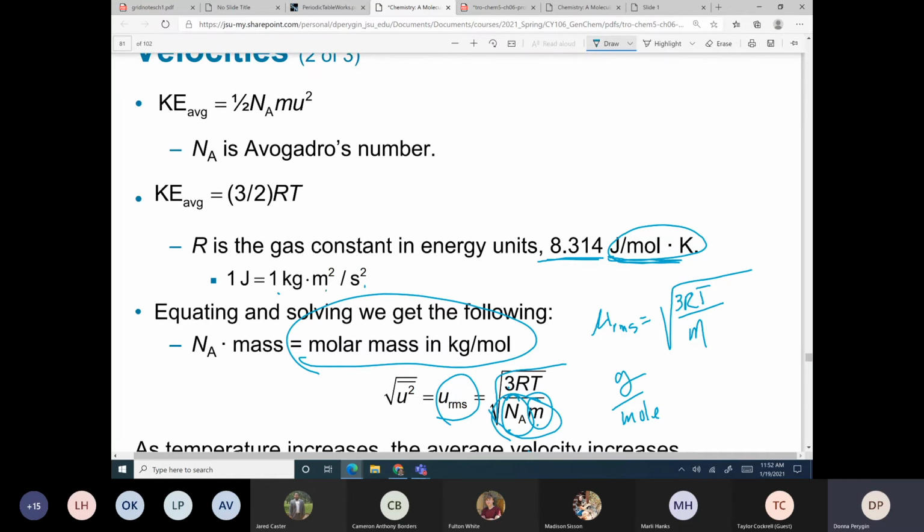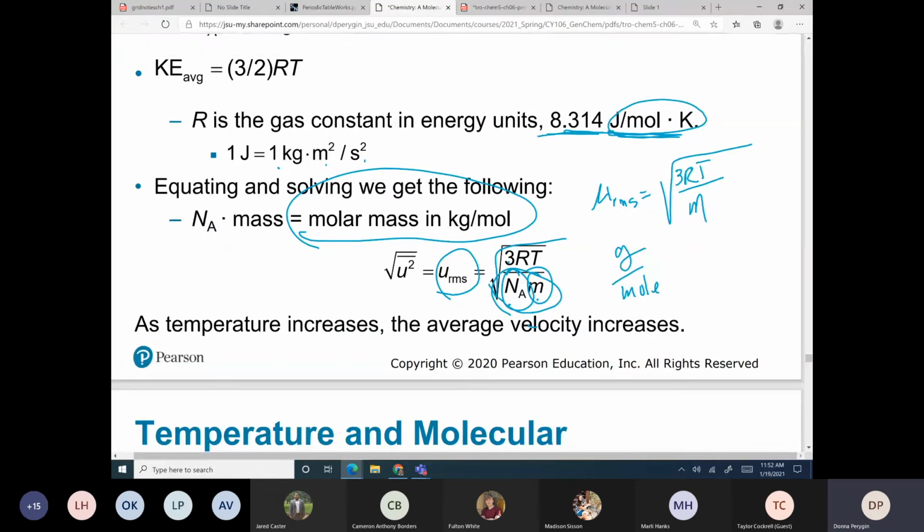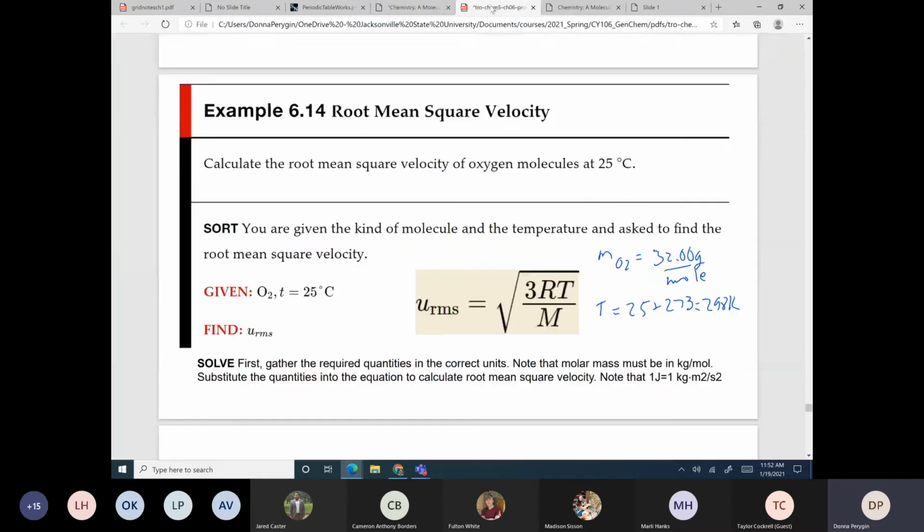So if you use that relationship, you can convert that R into this R. It's the same number, but we're using different units. Okay, and the molar mass is going to be given in kilograms per mole instead of grams per mole. So you have to actually convert that to kilograms per mole. Okay, so we have to use that conversion in order to do this. Okay, so I had completely forgotten about that.